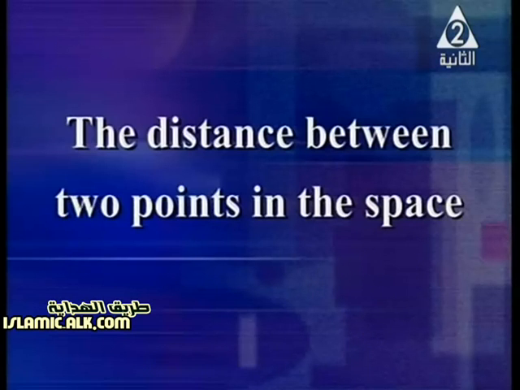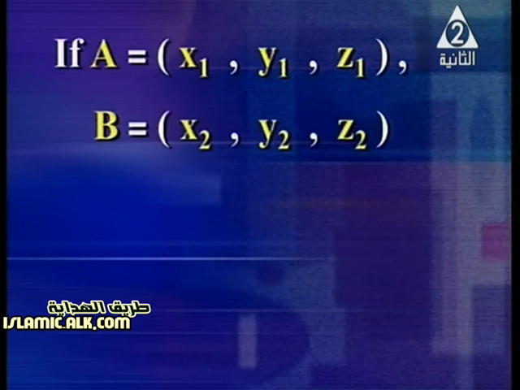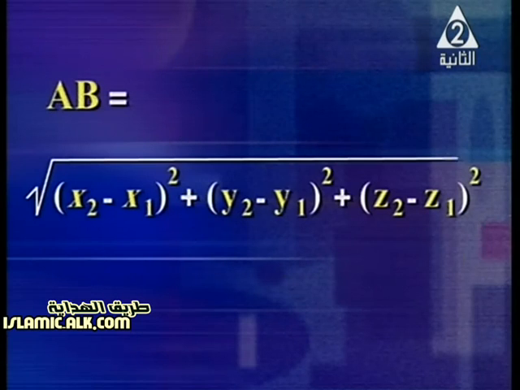The distance between 2 points in the space in 3 dimensions: if A equals (x1, y1, z1) and B equals (x2, y2, z2) are 2 points in the space, then the distance between A and B is AB equals square root of (x2 minus x1) to the power 2 plus (y2 minus y1) to the power 2 plus (z2 minus z1) to the power 2.